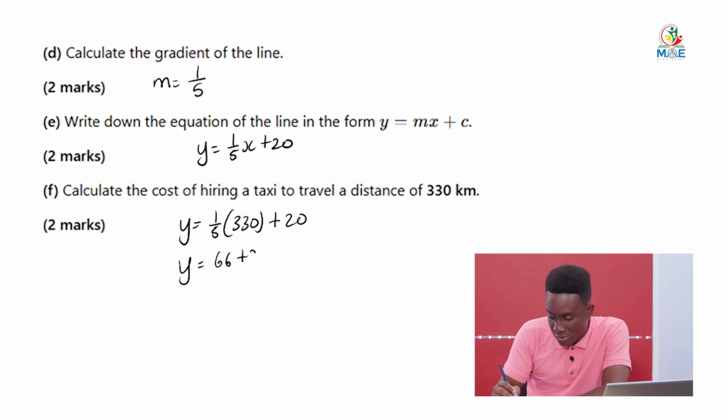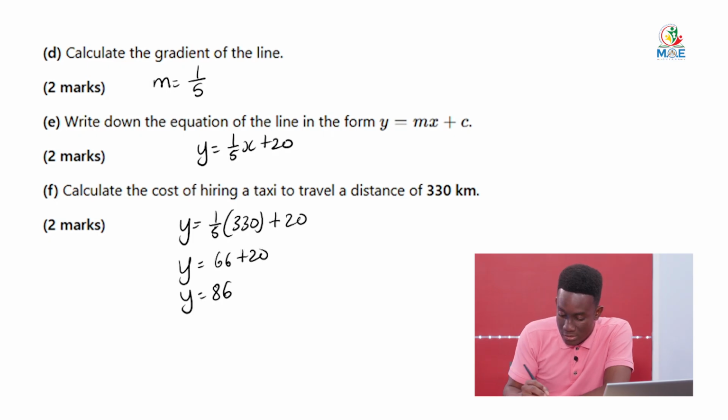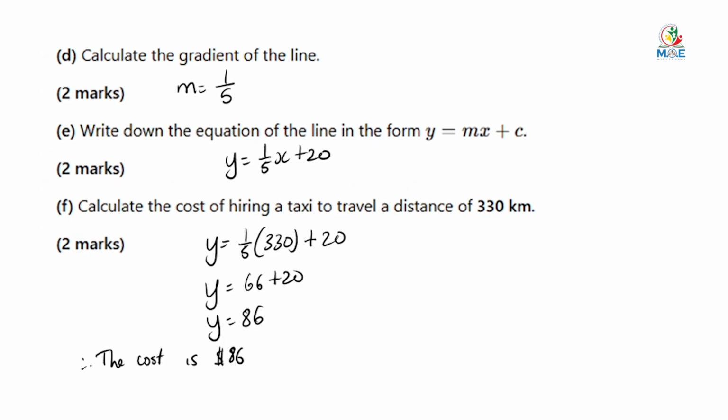So y is equal to 66 plus 20, which is 86. Therefore, the cost is $86 to travel a distance of 330 km.